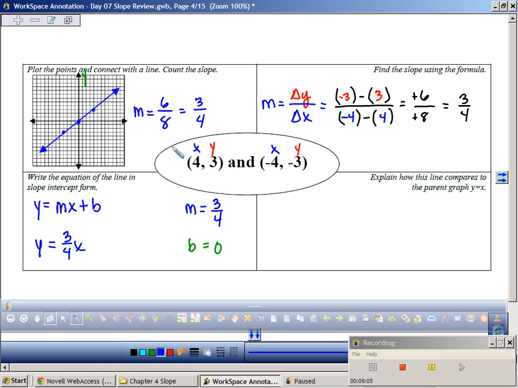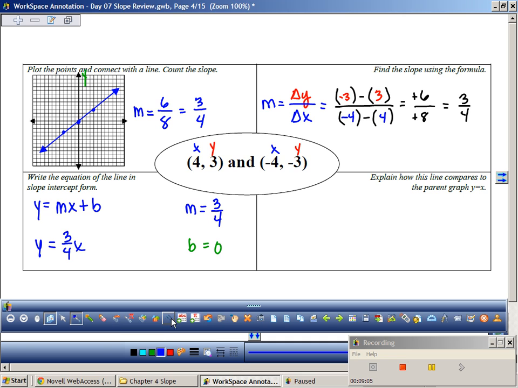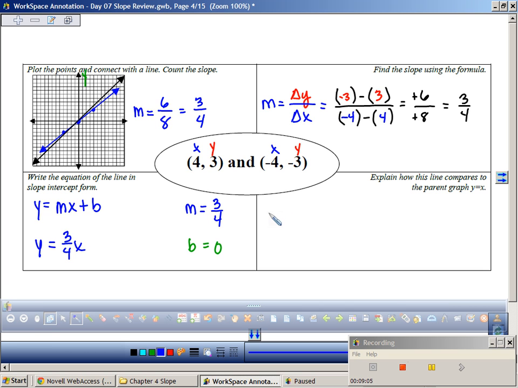All right, let's talk about this line. Raise your hand if you can tell me what different transformations happen to our line. Let's write our parent line first. There it is, right there. Philip, you've already talked. Why don't you pick somebody else that hasn't said anything?